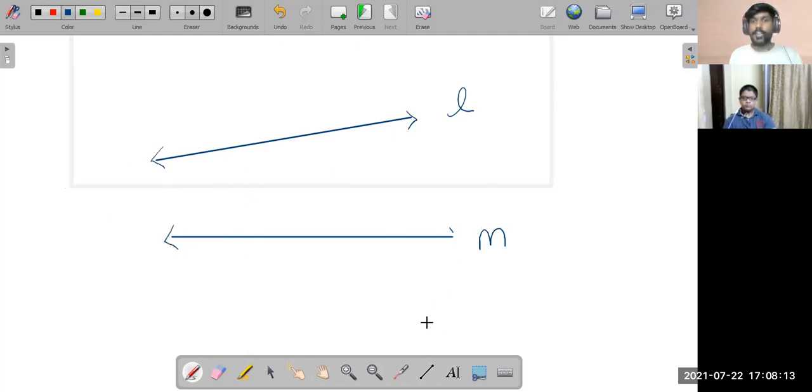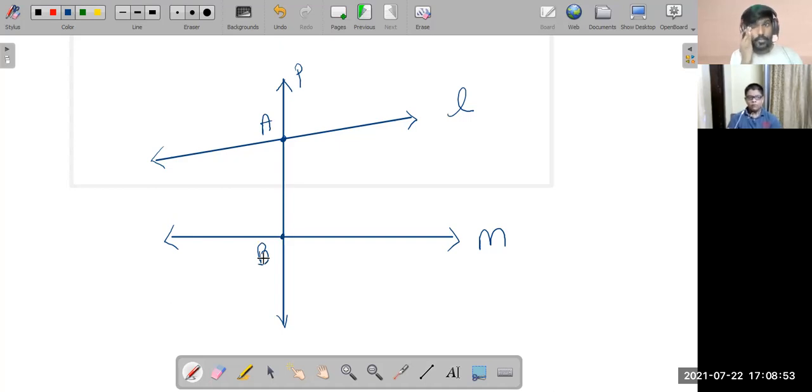Now, suppose another line P intersects your lines L and M. Listen to the words that I'm saying carefully. If another line P intersects line L and line M in two distinct points. Okay, so what do you mean by distinct points? What do you mean by distinct?